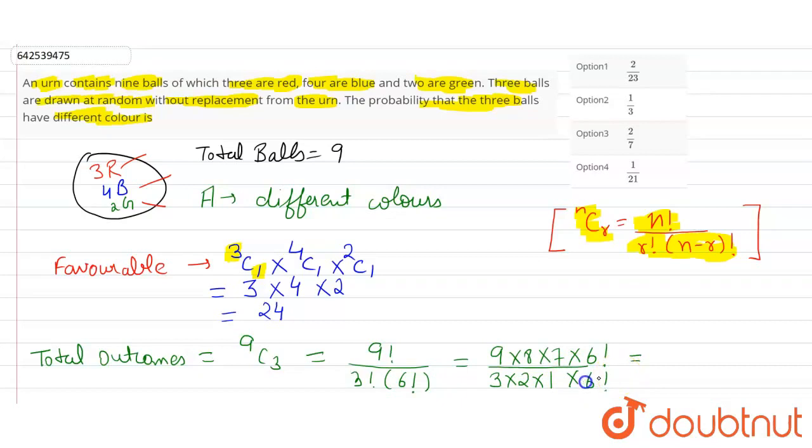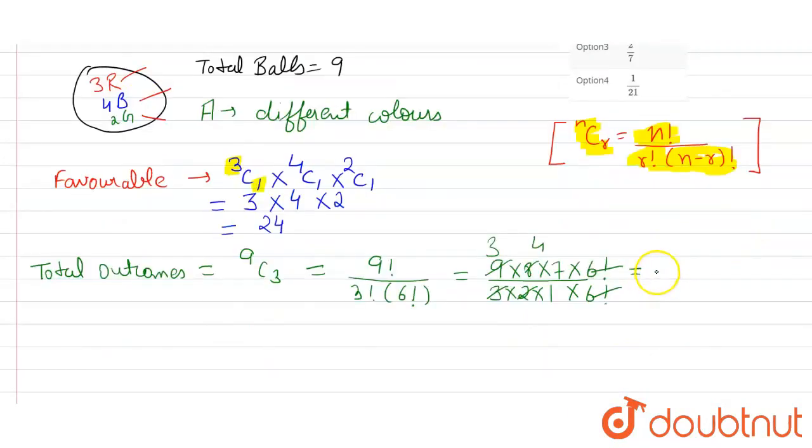This 6 factorial will cancel this 6 factorial, and our answer will be, now this 3 will cancel this 9 with 3, and 2 will cancel this 8 with 4, so it is equal to, now 3 into 4 is 12, and 12 into 7 is 84.